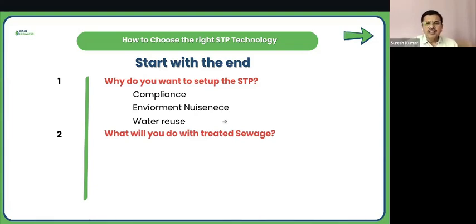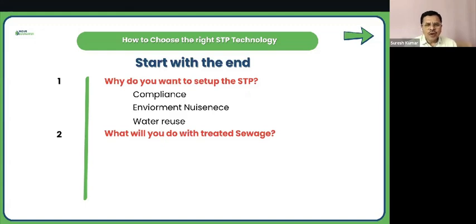So first we need to understand, if I am setting up an STP for compliance, I have to ensure that the treatment process, the technology is approved by the appropriate board and it meets the compliance requirements. If it is only from environmental nuisance, let us say you are living away from city, there is no compliance pressure. You have a farmhouse, there is no compliance pressure.